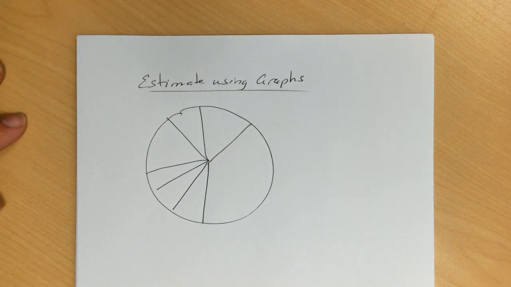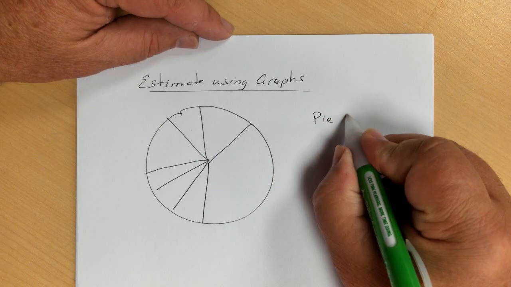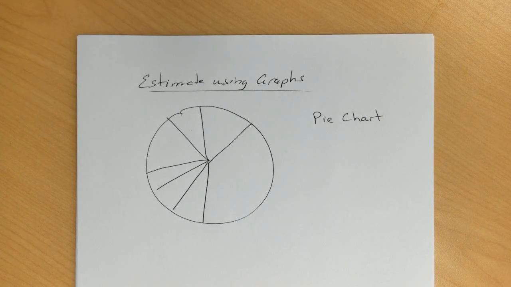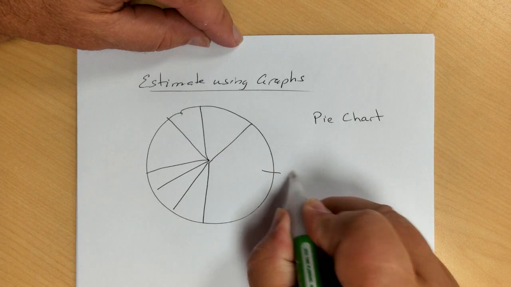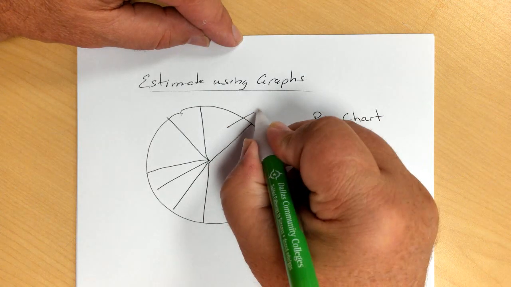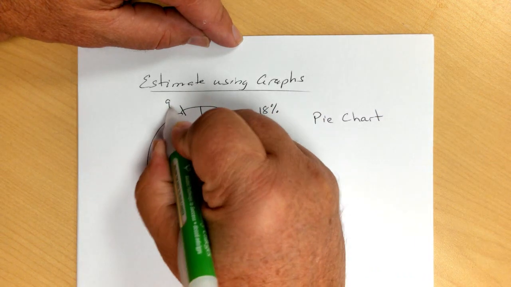What graph is this called? Pie chart, yeah. Now, inside these, let's say this is 41%, this is 18%, this is 9%.